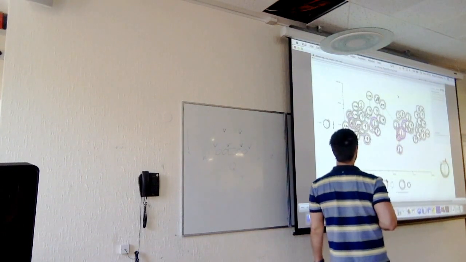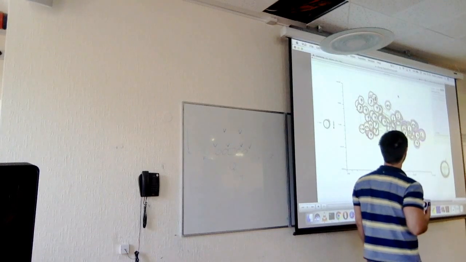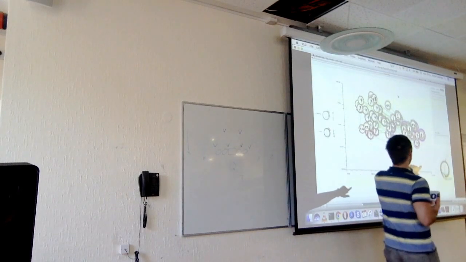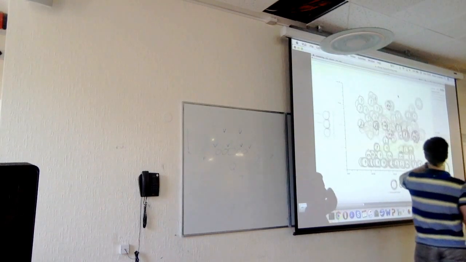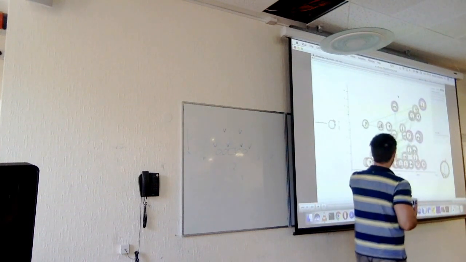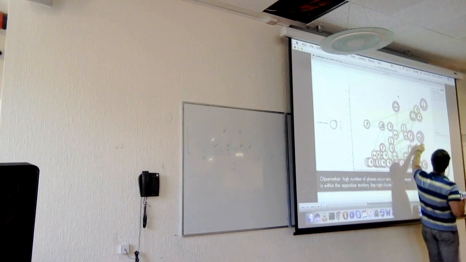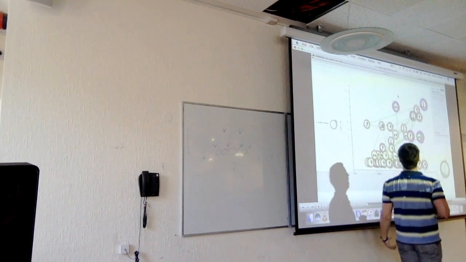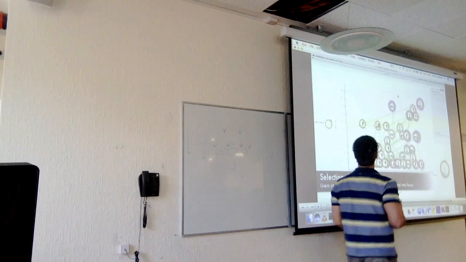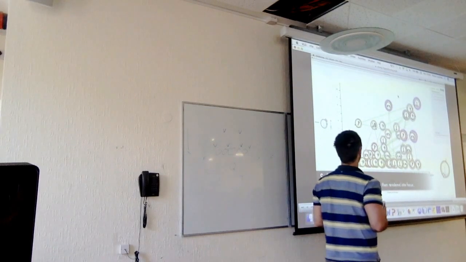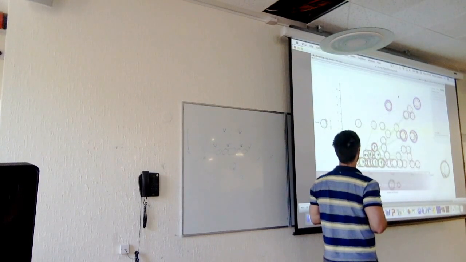We can compare territory start position with the number of phases by clicking on the territory start position and the number of phases in the glyph. So now we can see that the tries, or the scores, are associated with higher phase numbers, which is not very surprising, right?